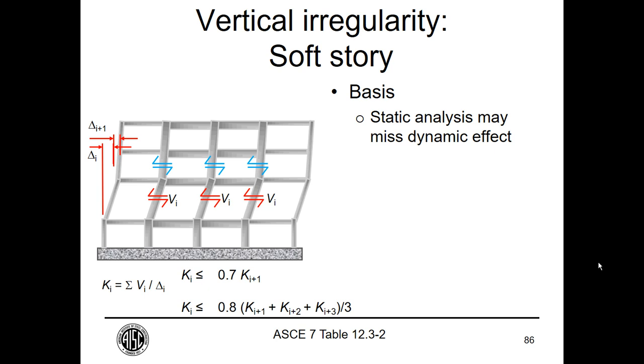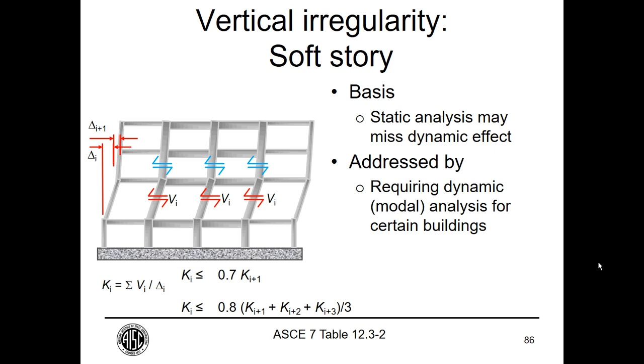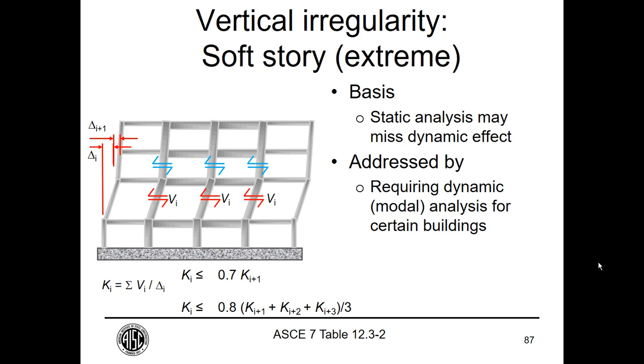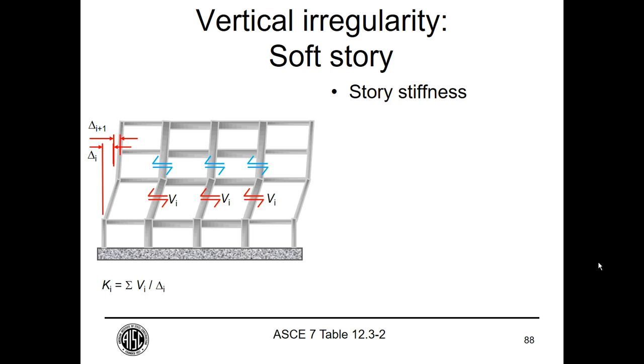Dynamic analysis may not give you very different forces, but it will at least pick up on this effect and the fact that this mode is a dominant mode. All right, and then there's the extreme version, and simply the factors are changed, and it's not allowed in some cases.